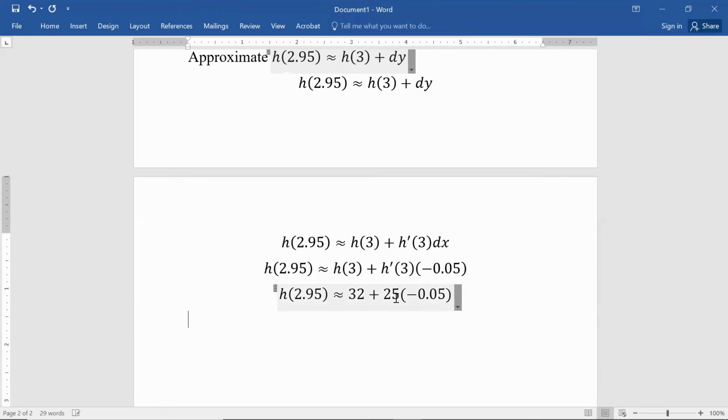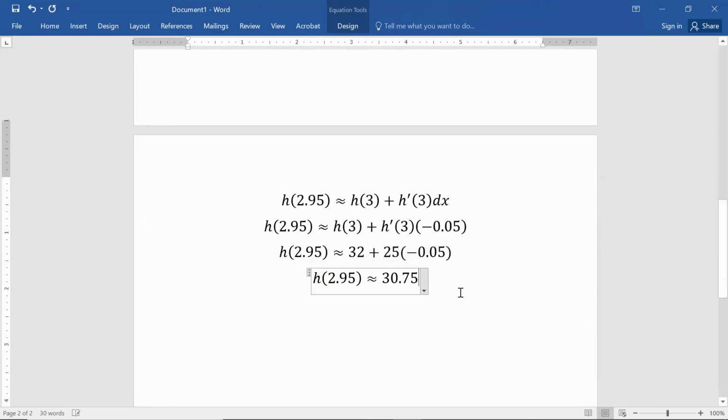So the approximate value of 2.95 using tangent lines is 30.75. When I say using tangent lines, it is the same thing as using differentials. So there you go.